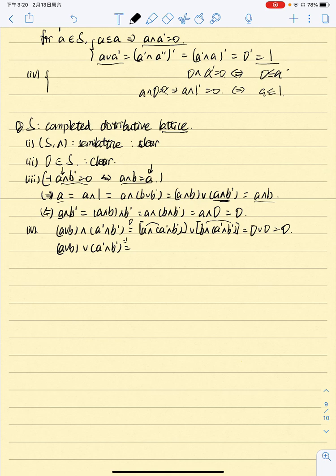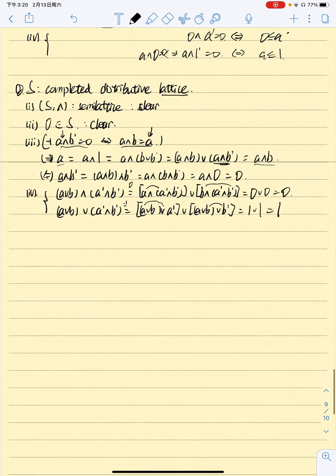And here, A or B or A prime, A or B or B prime. Okay, A and A prime, B and B prime is 1, right? So 1 or B is 1, 1 or A is 1. So this is 1. Okay, so these equations can be true.